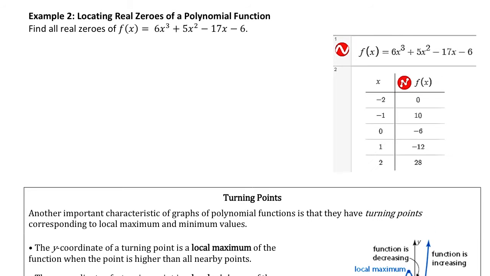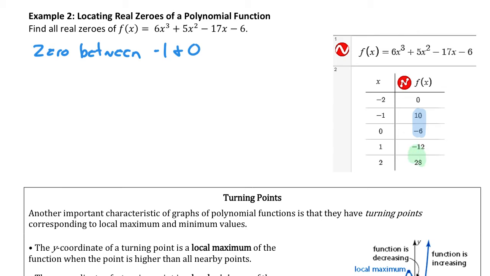So looking at this table, using that location principle, we're looking for when a y value goes from positive to negative or negative to positive. So if I look carefully right here, I know there's a 0 between those two x values. So I know there's a 0 between -1 and 0.